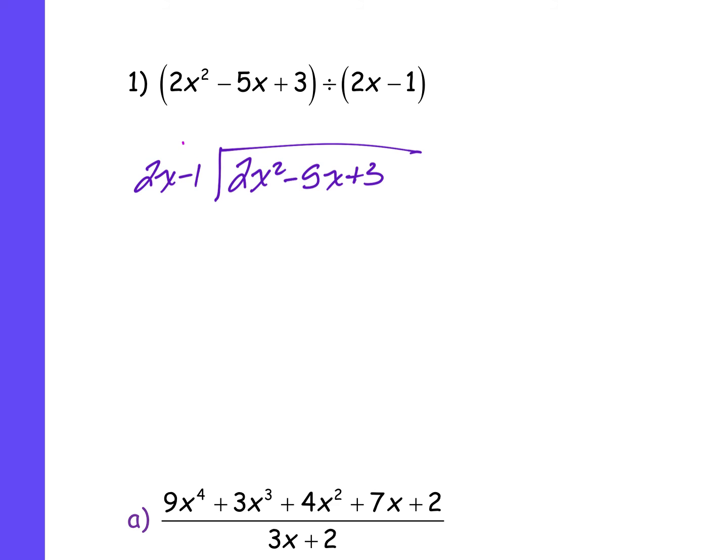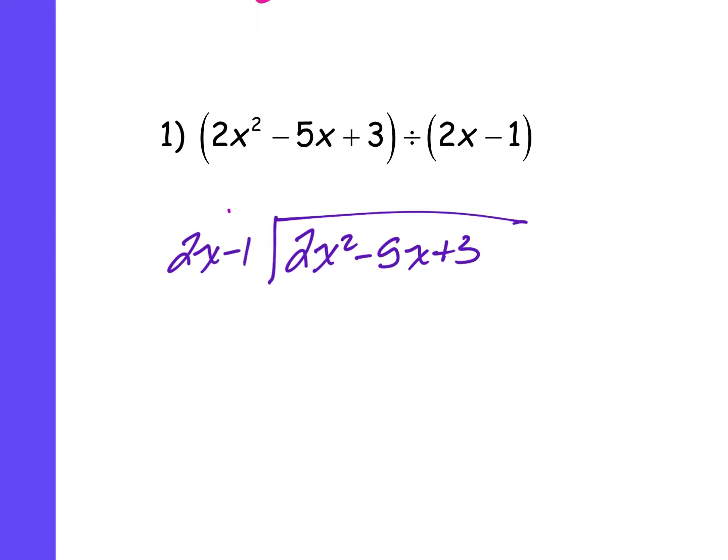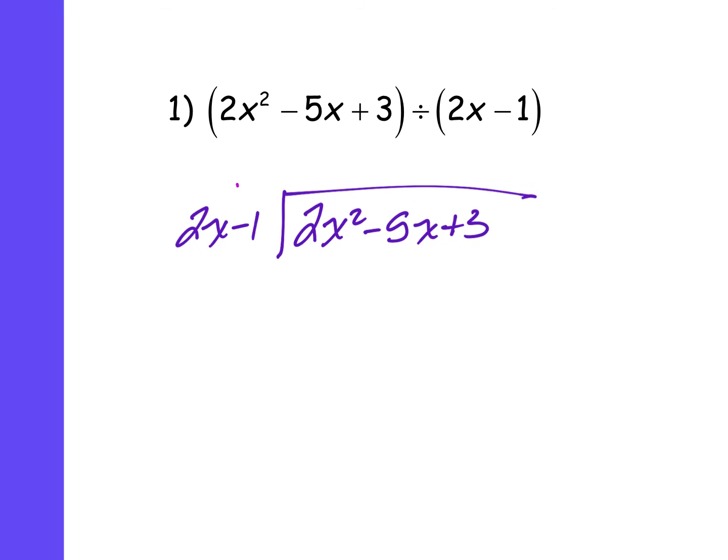What do I multiply 2x by to get 2x squared? X, beautiful. And x times 2x is 2x squared. And x times negative 1 is negative x. And then I need to make sure I subtract both terms.